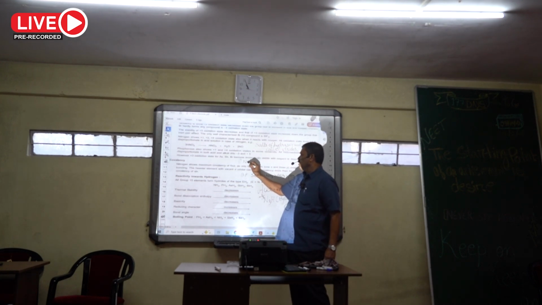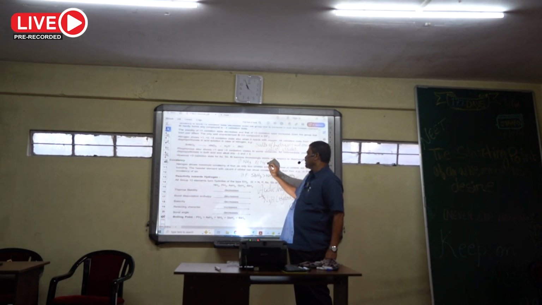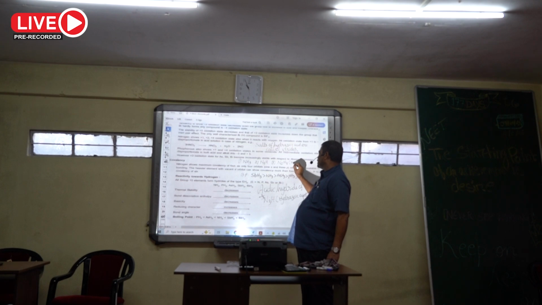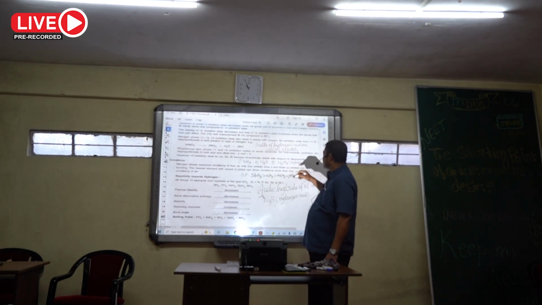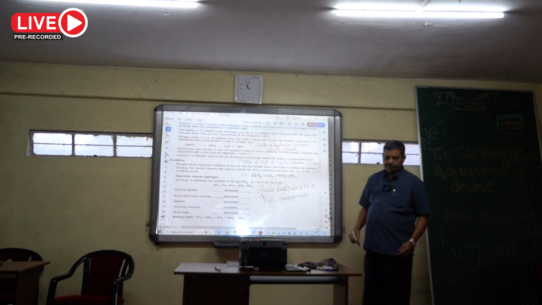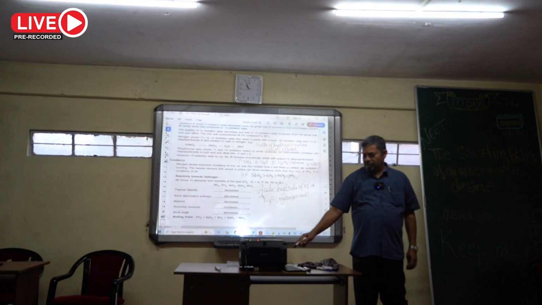Number 1, ammonia. Number 2, N3H. Number 3, N2H4, called hydrazine. Number 4, NH2OH, hydroxylamine. So what is your answer?